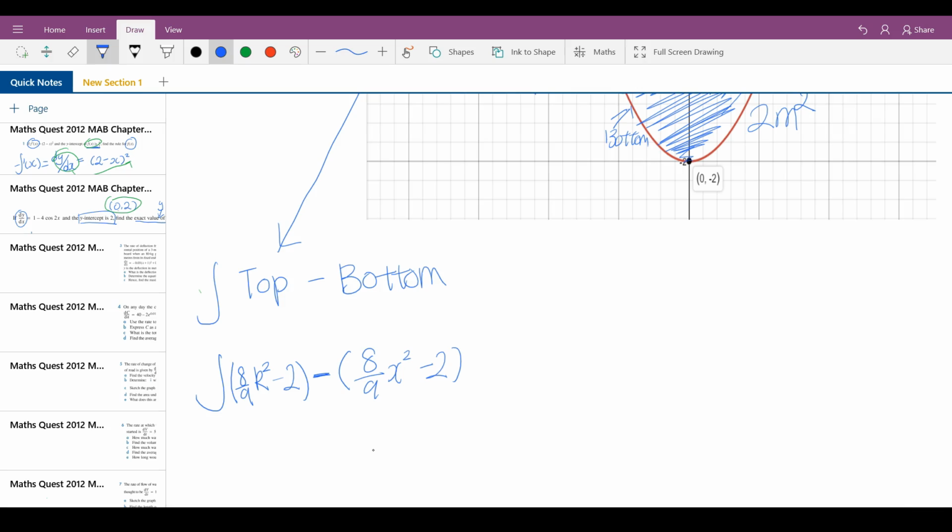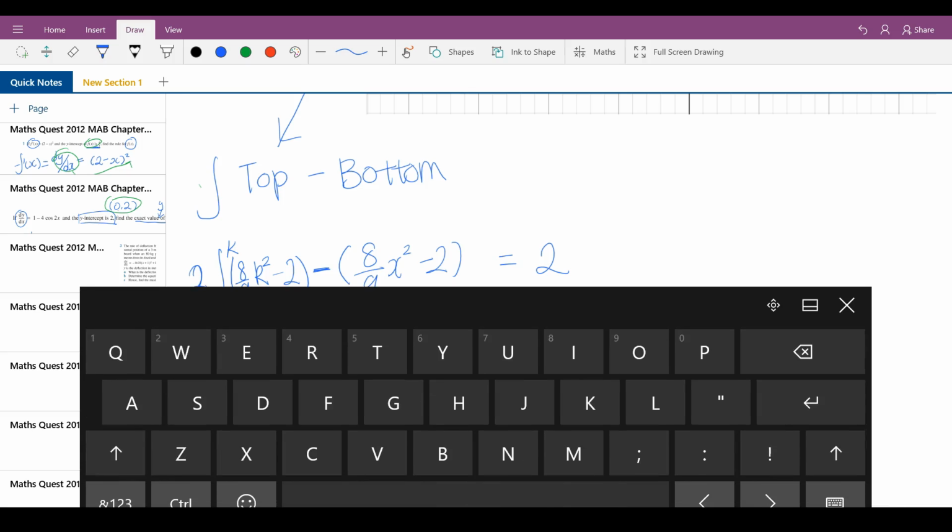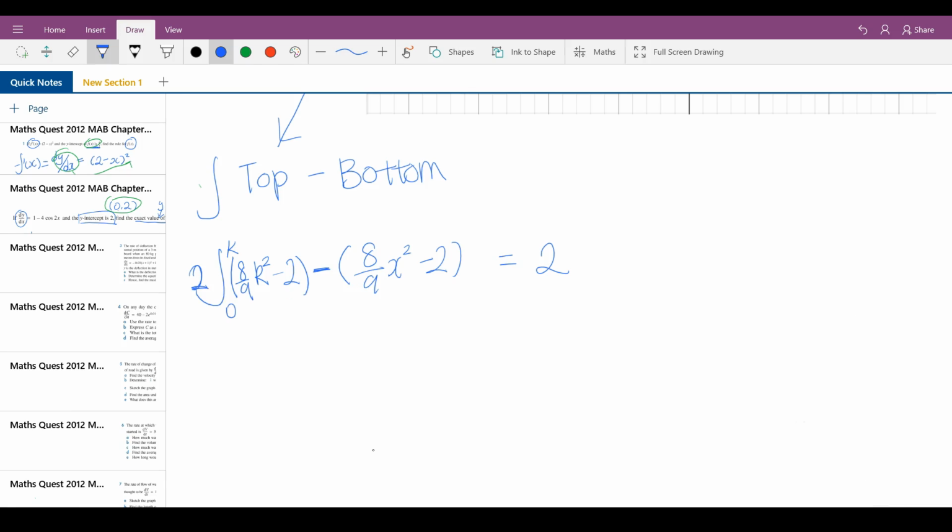So we can go from 0 to k and put a 2 in front of it, and the whole thing would give us 2 meters squared, because it's symmetric. It's exactly the same, because the depth is just a straight line. Before we do anything, we can divide both sides by 2, so that makes things easier.